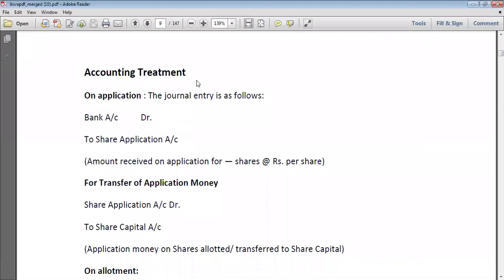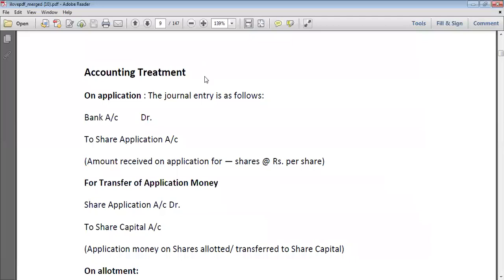Okay? So we have already discussed that the company will not call the whole amount of face value in one time. The company will call the face value amount in several installments: some amount on application, some amount on allotment, some amount on first call and second call.